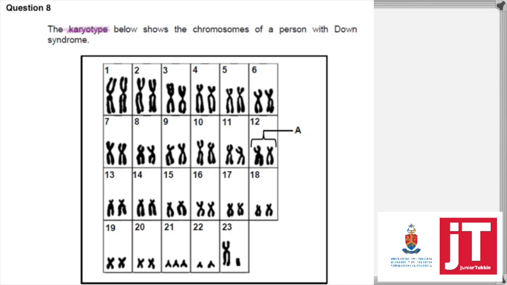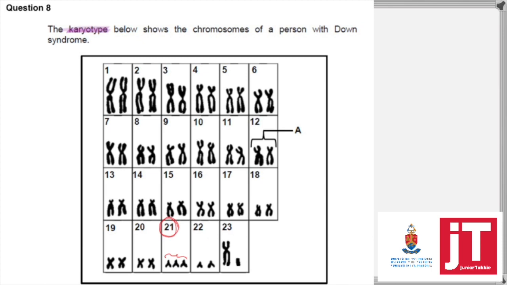We've got our 23 pairs here, and through our studying we would know that Down syndrome is a trisomy 21. So we're looking particularly at the 21st chromosome over here, and we can see that there are 3 of these chromosomes. That is what results in this person having Down syndrome at the end of the day.